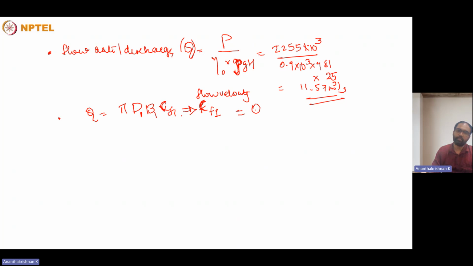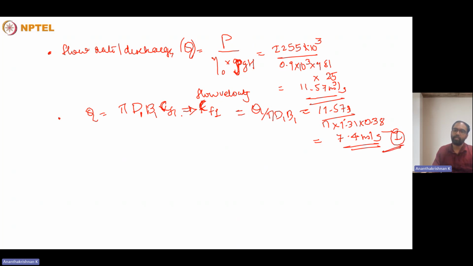Flow velocity component is Q divided by pi D1 into B1. So it comes around 11.57 divided by pi into diameter at the inlet, which in this particular problem is given as 1.31 meters, and the width at the inlet is given as 0.38. So the answer is 7.4 meter per second. So we have calculated one important parameter, the flow velocity component.